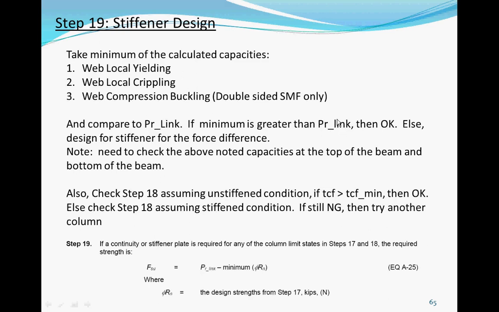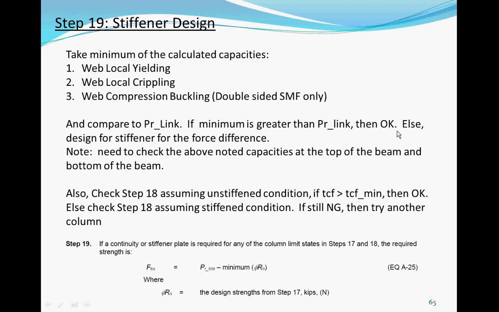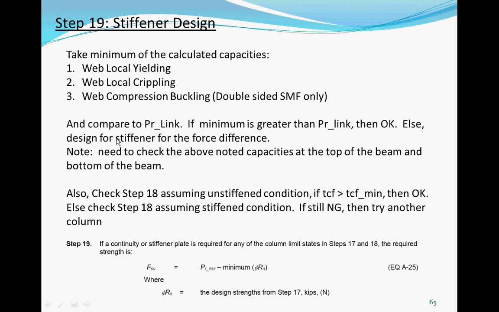If the minimum is greater than PR of the link, then okay, no stiffeners required. Else, design for stiffeners for the force difference. And this is the key: you don't design it for the whole force of the PR link. You design it for the difference of force because your other components are taking out some of the force. So you have some buckling capacity already.